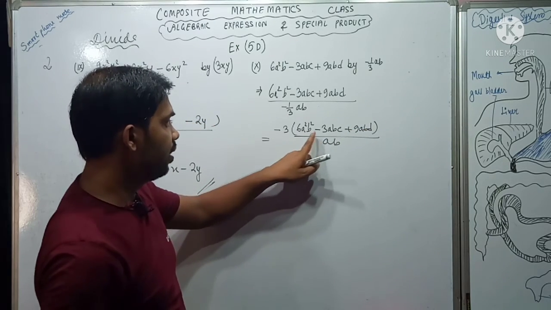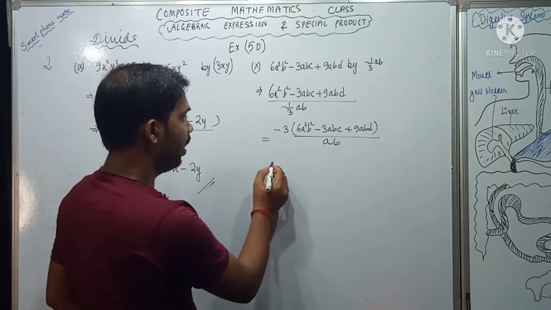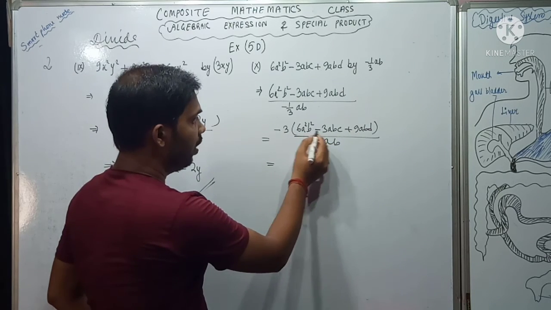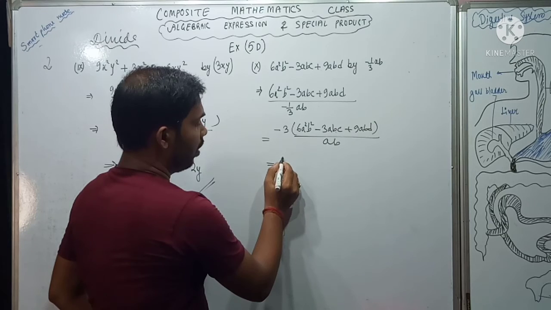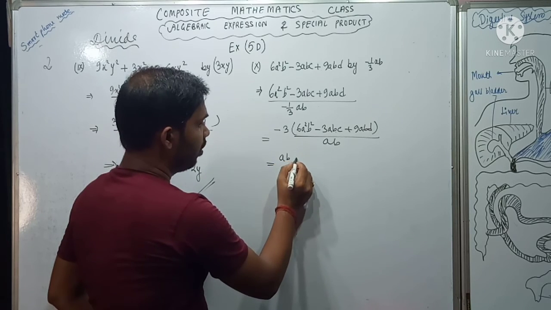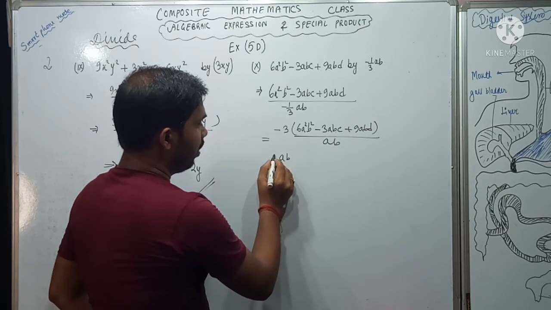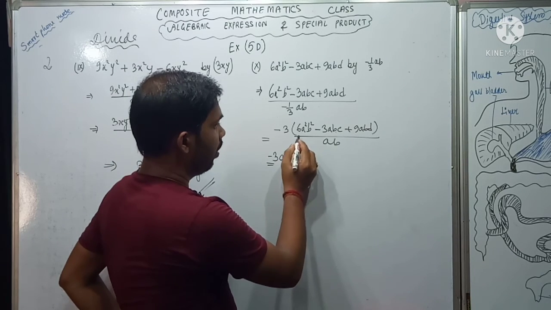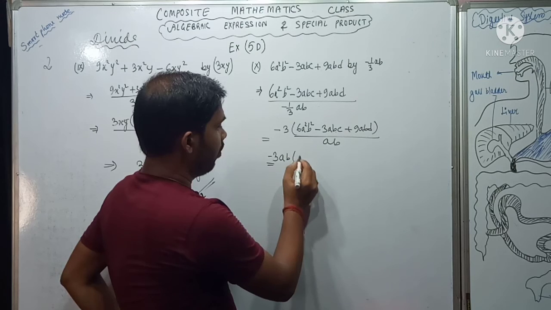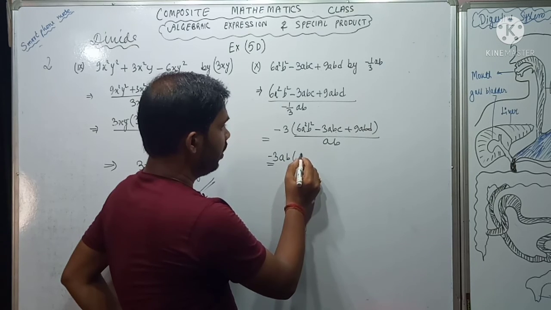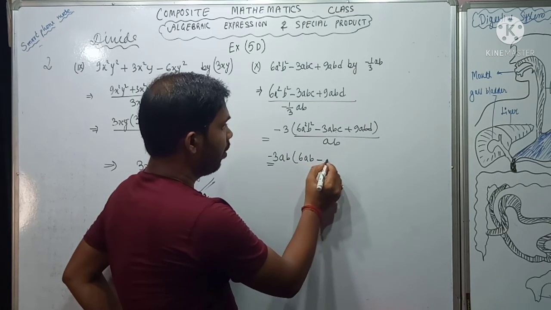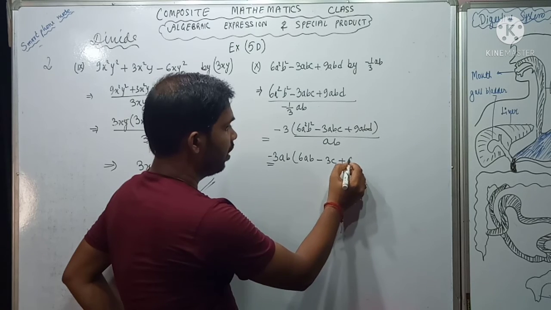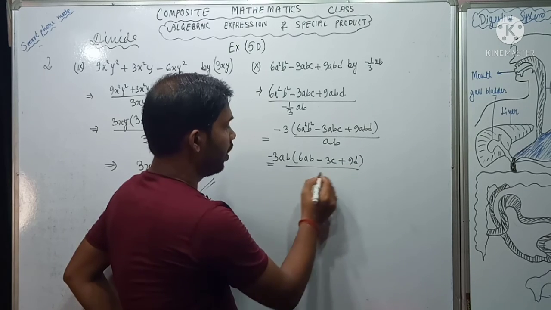Now you see in these 3 terms you can take out ab as common. So here ab, here ab, here ab. So I will take out ab as common, and it is minus 3 ab. Now it will be left with 6ab minus 3c plus 9d by ab.